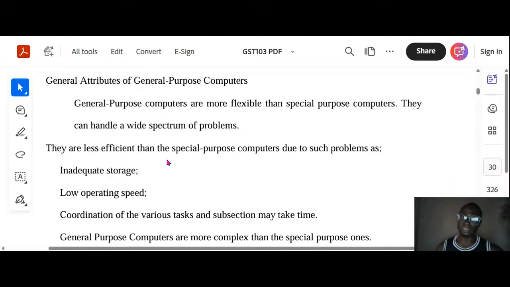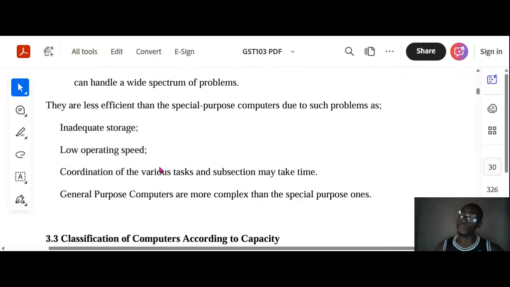Another thing is that they are less efficient. And why are they less efficient? Due to inadequate storage and low operating speed, because of too much work. The speed may be slower than the special purpose one. Once you boot it, everything will be fast because it does just one thing. So the speed is fast, but the general purpose computer that is doing a lot of things is not as fast as the special purpose.